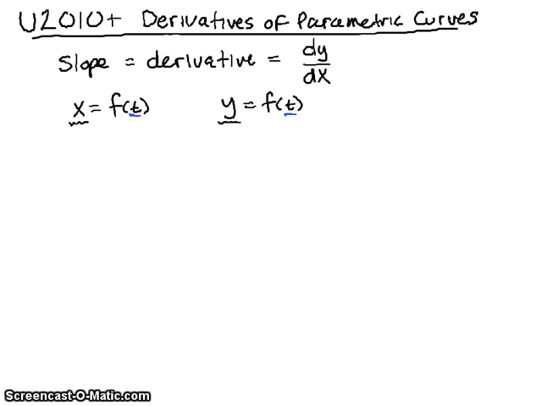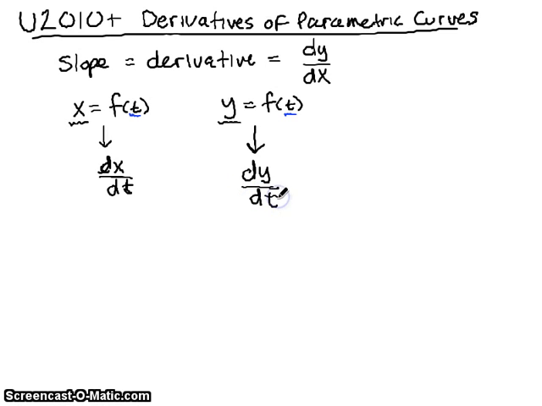So when I take a derivative of x with respect to t, my derivative is going to say dx dt. And when I go to take the derivative of y with respect to t, we're going to get dy dt.